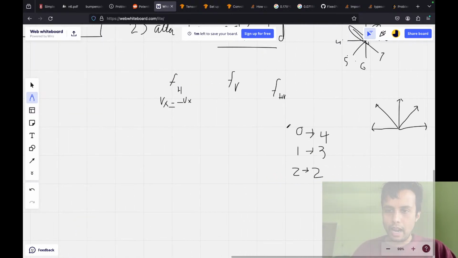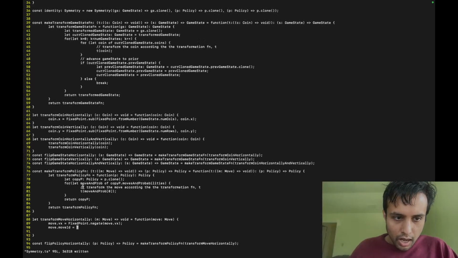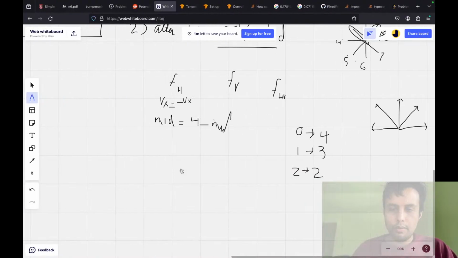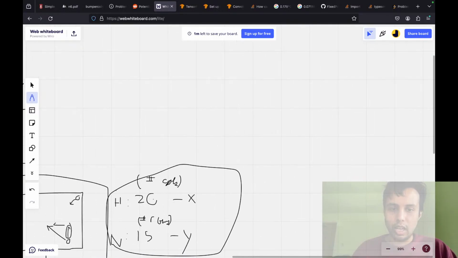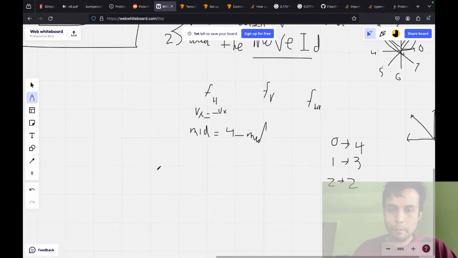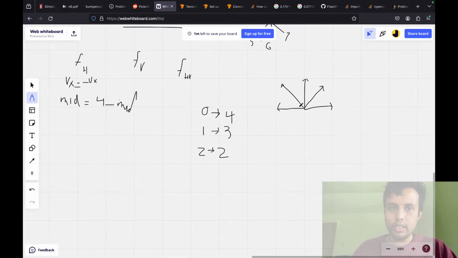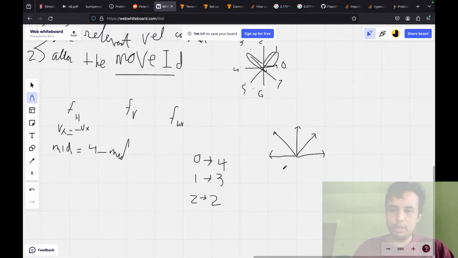So right now my hypothesis is that MID equals 4 minus MID. In fact, doesn't that look familiar? This 4 minus MID looks a lot like what we commented, the k minus x thing, right? It looks a lot like these types of functions here. But let's see if this kind of function works for the southern hemisphere too.